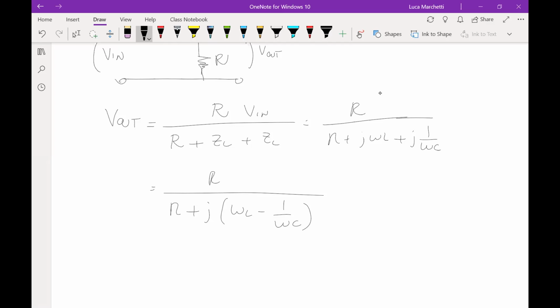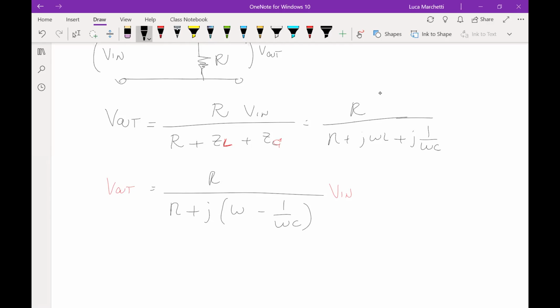Of course my L and C are very ugly, but this is Z_L and this is Z_C. Here you can see that the output voltage depends mainly on the value of omega.